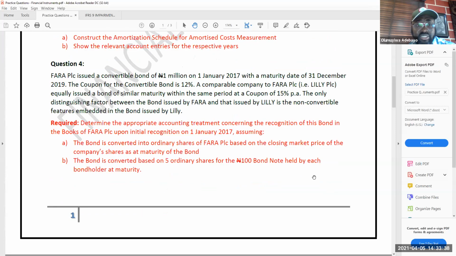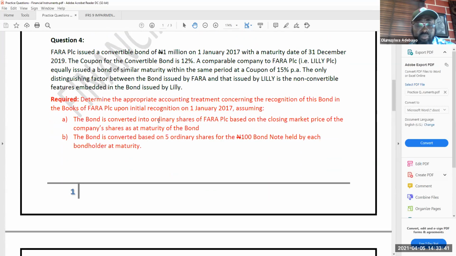Okay, I want you to attempt question 4. Question 4 is on compound instrument. You use what you have learned and you use this model to build this schedule instead of solving it on paper. Okay, you can do both.